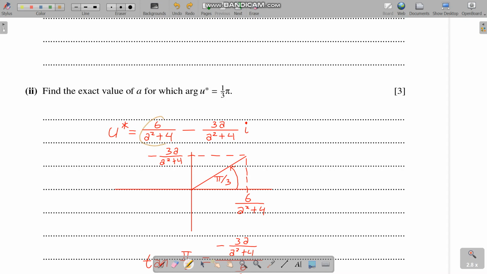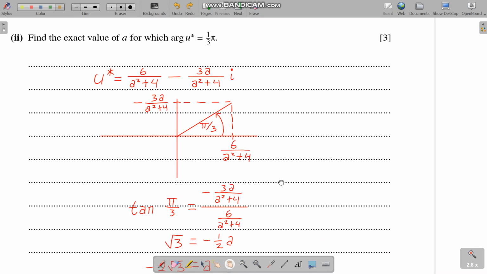So 6 over a squared plus 4, that will be around here, let's say, and 3a over a squared plus 4, because the angle is positive pi over 3, it's going to be up here, because the angle is supposed to be positive. Okay, so the angle is always from the positive real axis in the counterclockwise direction.